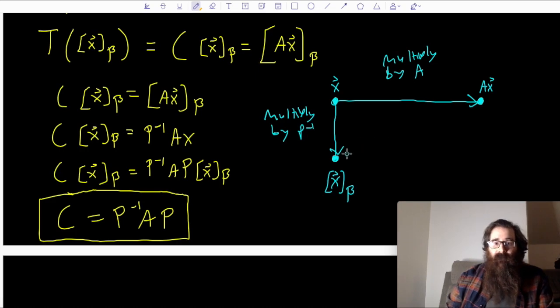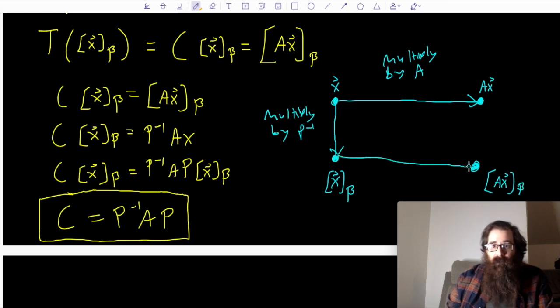But then from there, if I want to get to my output vector, but staying in that non-standard coordinate system, if I want to get to A x sub beta, I can just use my linear transformation, and I can multiply by matrix C, the beta matrix for the transformation. So multiply by matrix C, C for Corey.